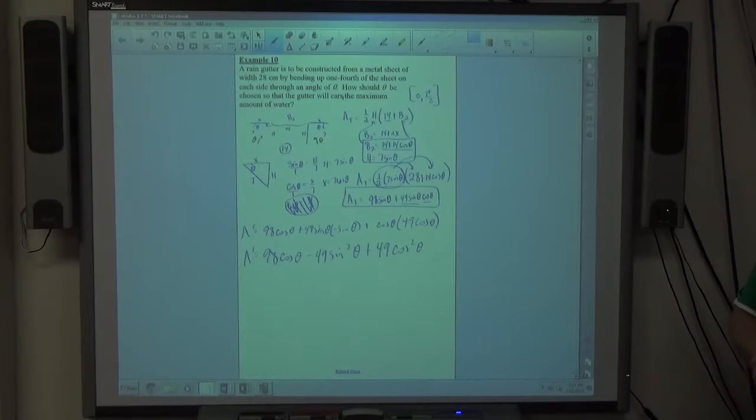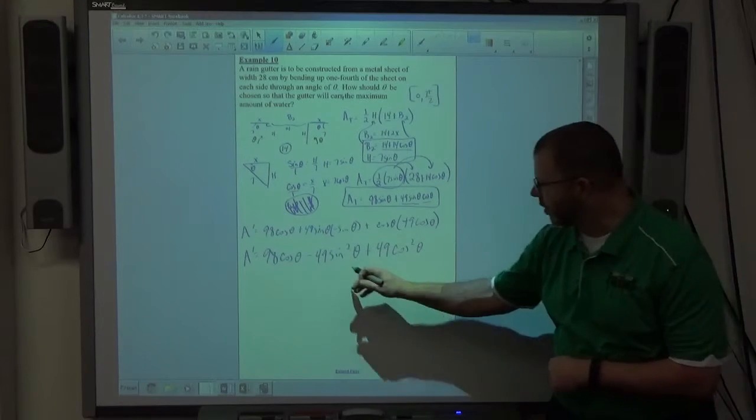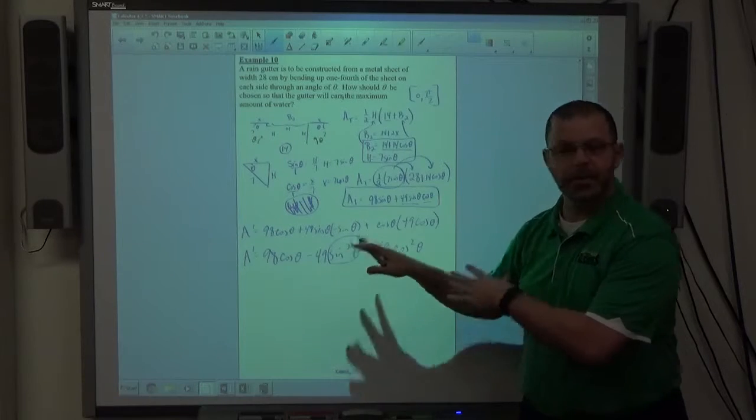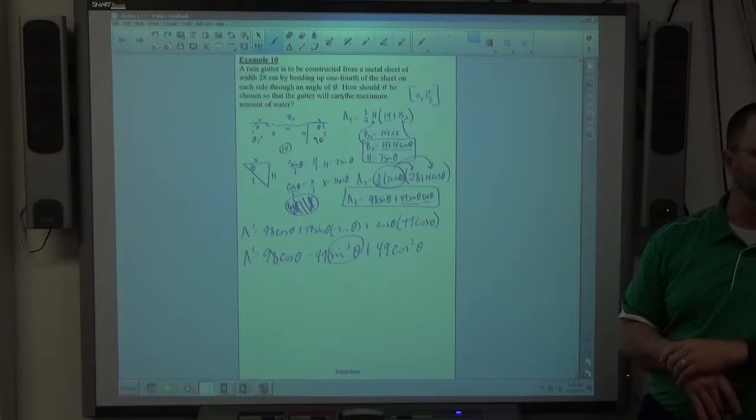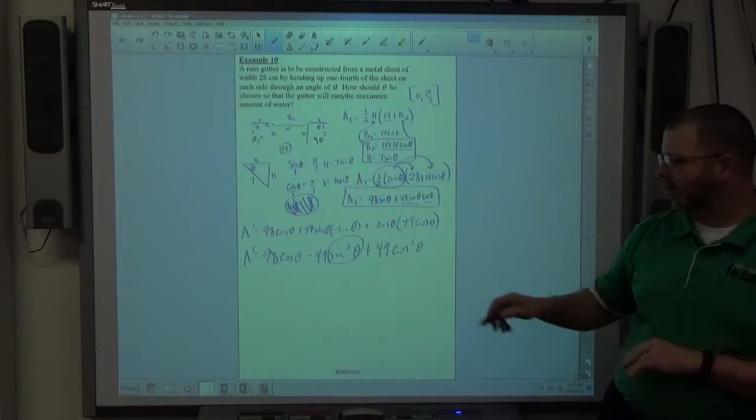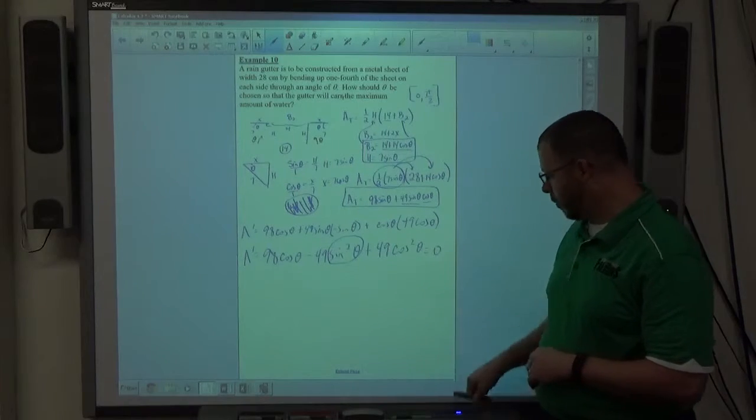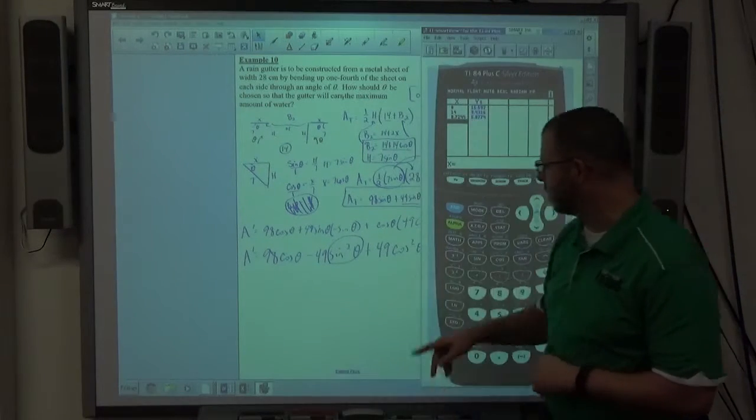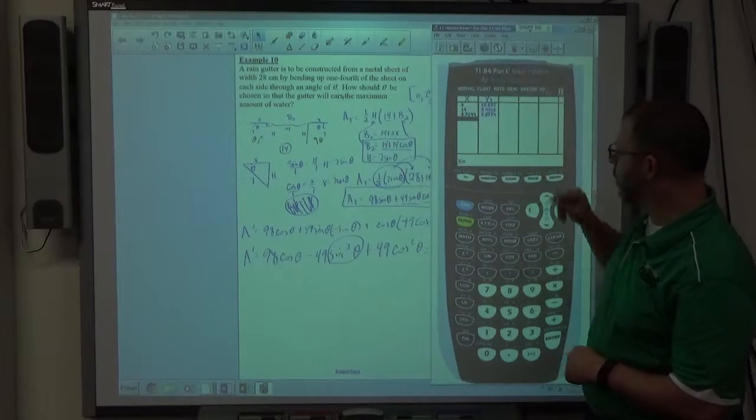And in its current state, it would be really hard to solve, right? If I wanted to change sine squared into 1 minus cosine squared, then I'd have everything in cosine, and I could do a quadratic form structure thing. Since I want this equal to 0, I would probably just put this in my calculator and let my calculator find out where it equals 0.